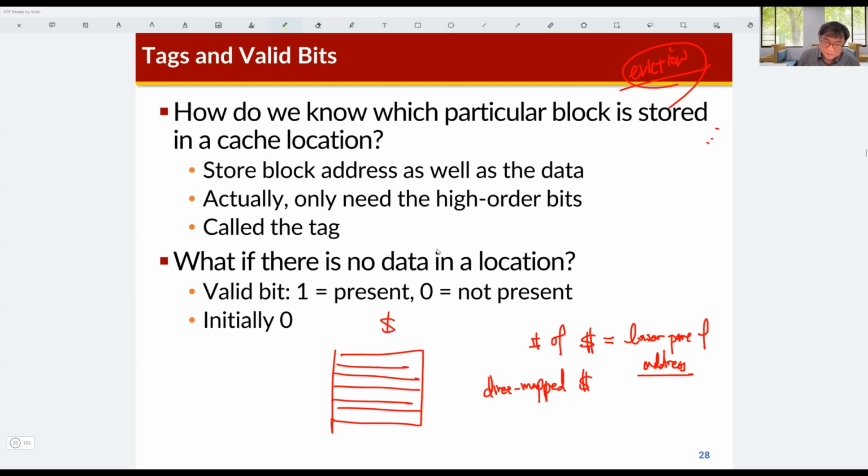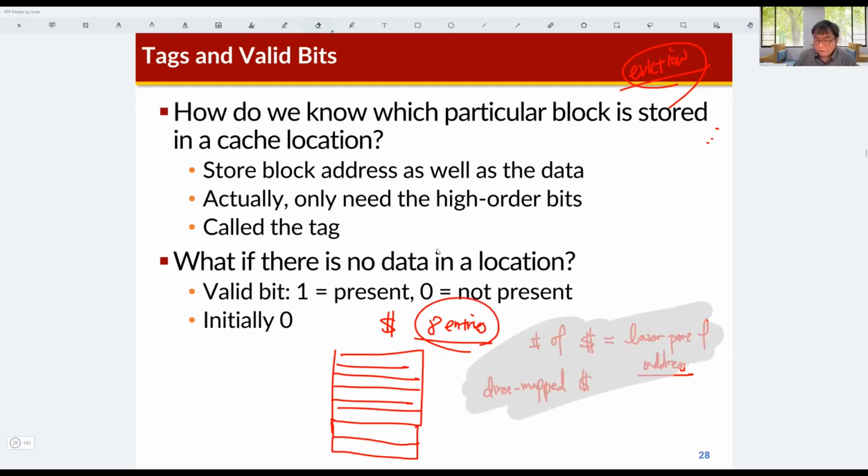Let us assume that this is the cache, and it has 8 entries. The size of a single entry can vary.